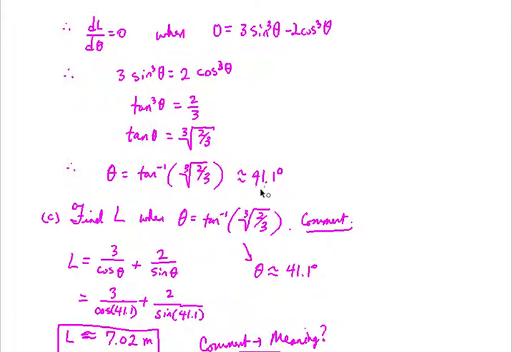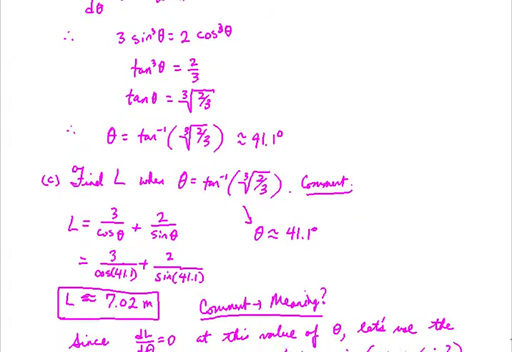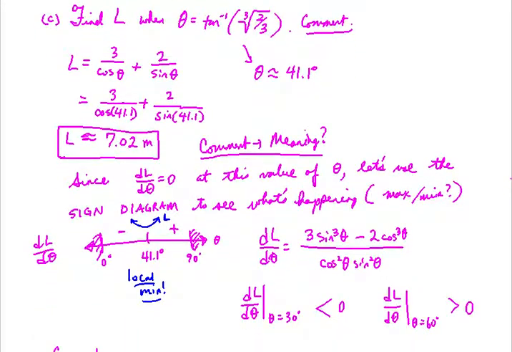This angle tells me either the minimum or the maximum, doesn't it? It tells me the angle where L is going to be a maximum or minimum. So in order to interpret it, I need to look at the sign diagram of dL d theta. I know it's going to go from 0 to 90, and my critical point occurs at 41.1, and then I plug in numbers.